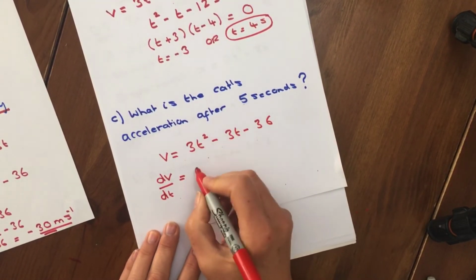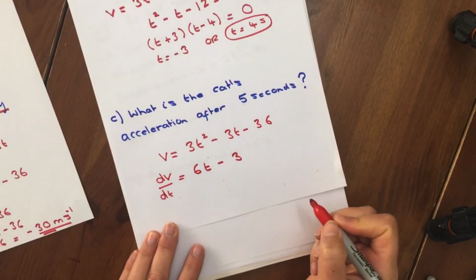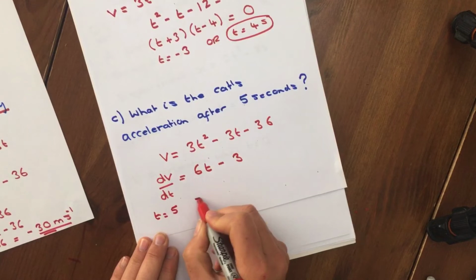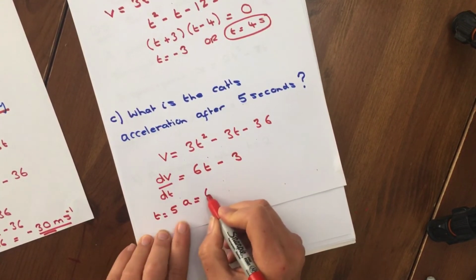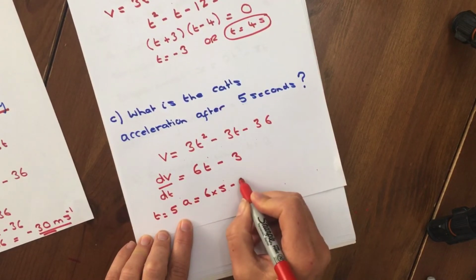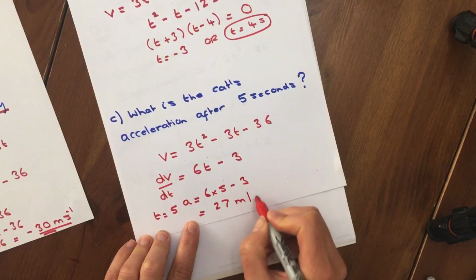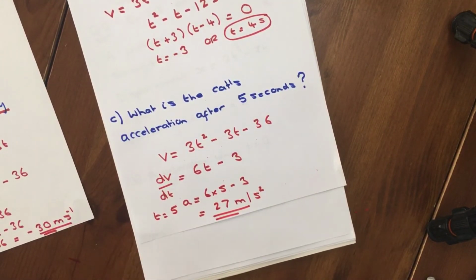So differentiate again, bring the power down, take 1 off the power. Then I just put in when t is 5, and I get my acceleration to be 6 times 5 minus 3, 30 minus 3, 27 meters per second squared. Don't forget your units. Right, so that's a typical example on variable acceleration.